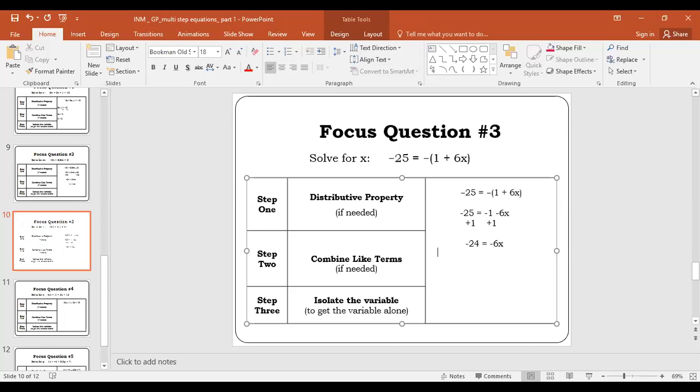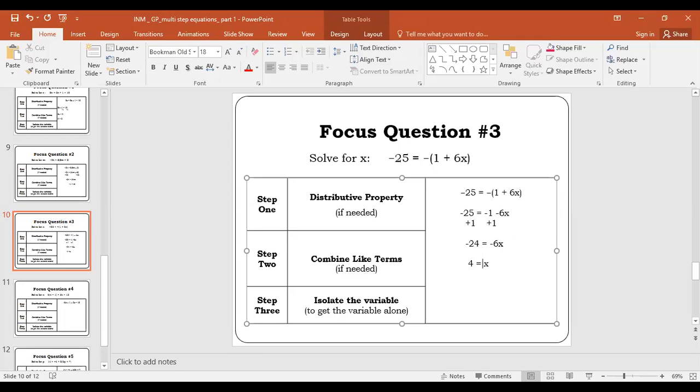Now we got a negative divided by a negative. We divide, what? That's right. We divide that -24 by -6 and we get +4.